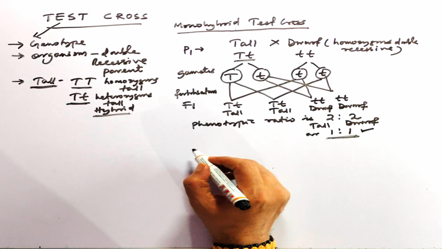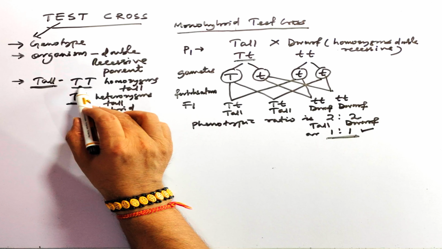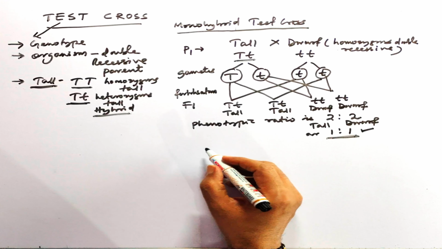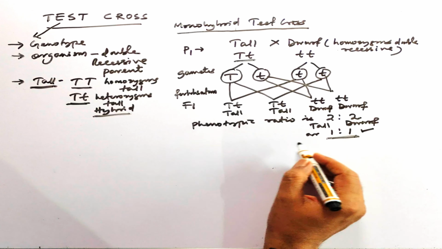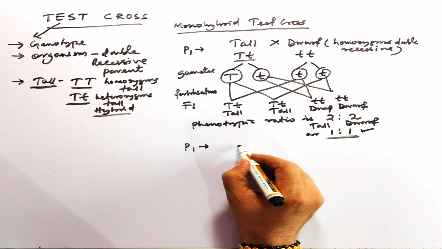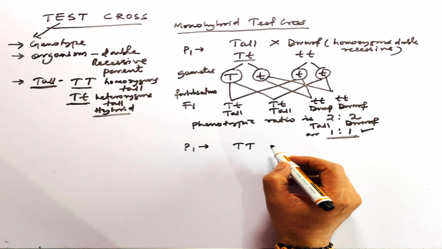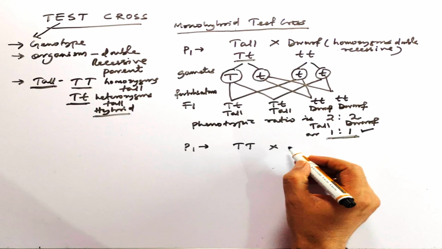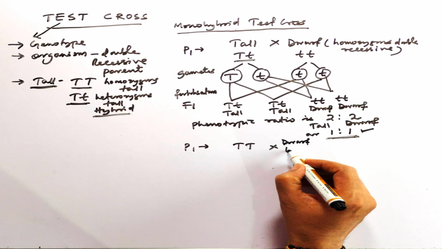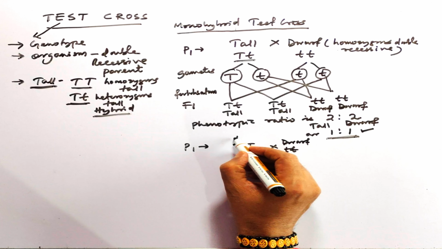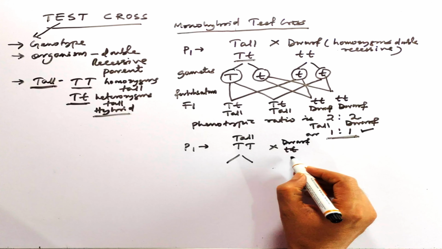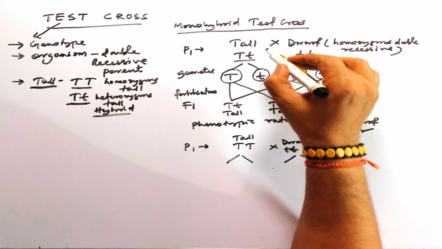Suppose we take homozygous tall and bring about the cross, then it is very prominent. You can see here also. Suppose P1 is capital T capital T, and the double recessive parent is dwarf, small t small t, and there is gametogenesis.